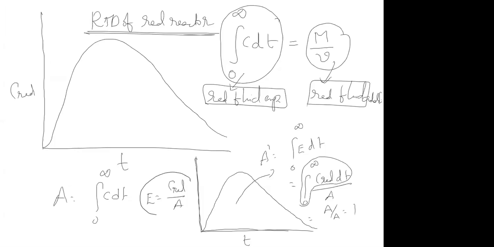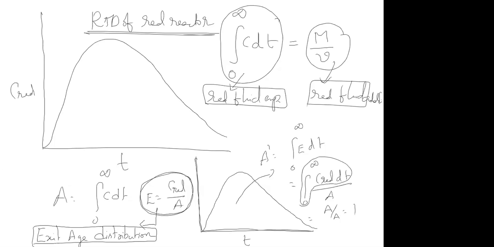What is the definition of E? E is the exit age distribution.